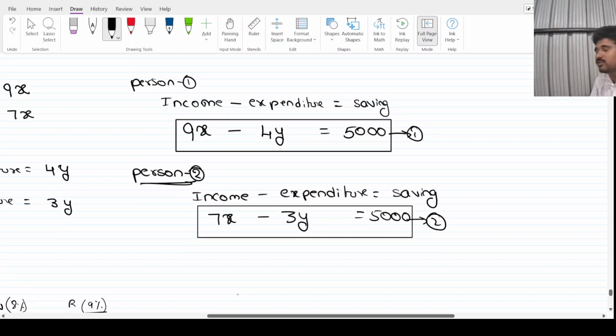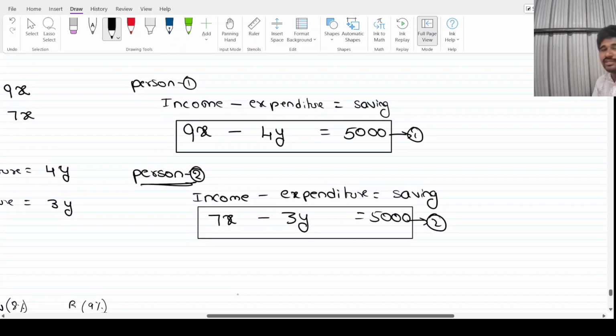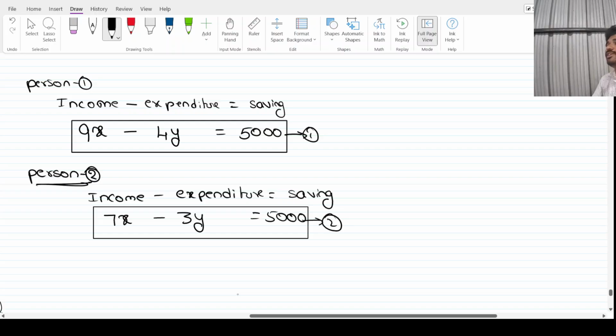Let's see now. First we have to solve this. How will we solve? Tell me which methodology you want to take. Elimination we will do. Okay. Which variable do you want to eliminate? Why do you want to eliminate it? Here the coefficient is 4 and here the coefficient is 3. So what we have to do is interchange and multiply.